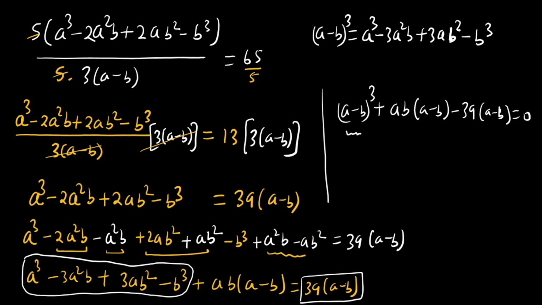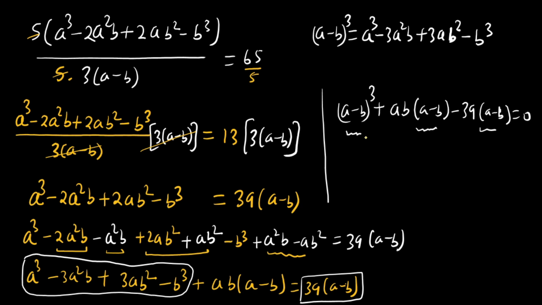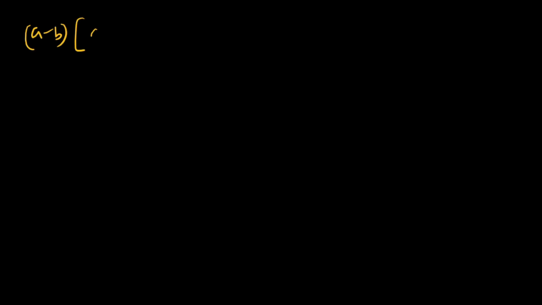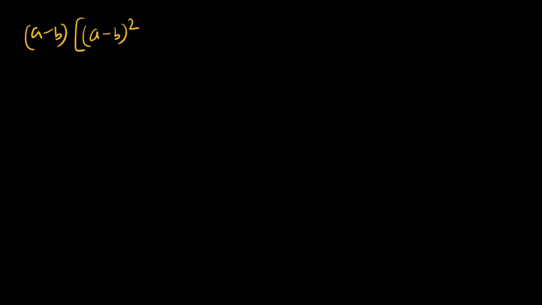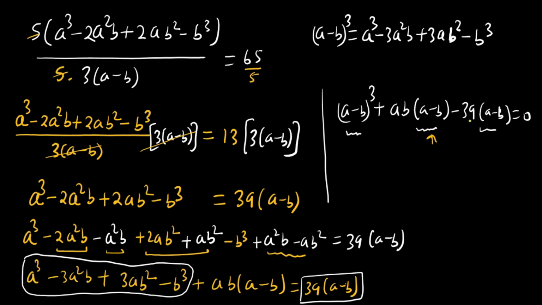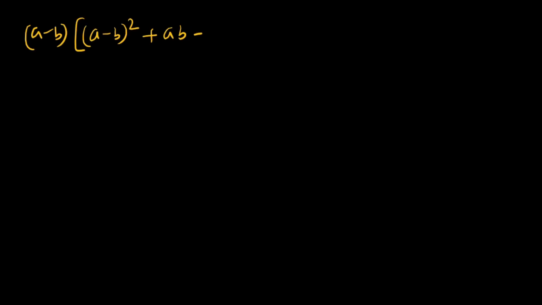Here if we take (a minus b) common, then here (a minus b) whole square, and a times b, minus 39, this is equal to 0.